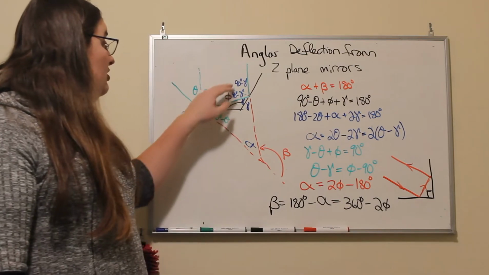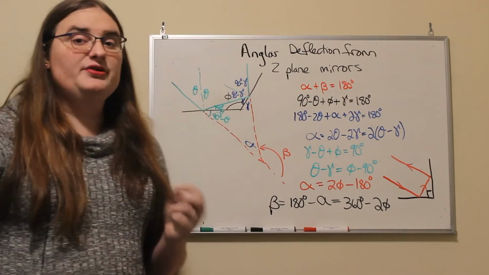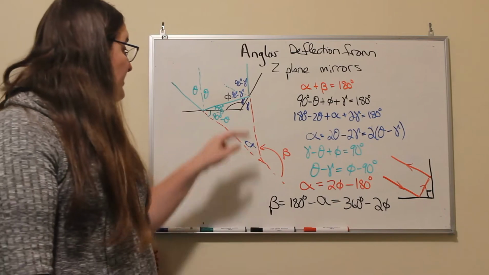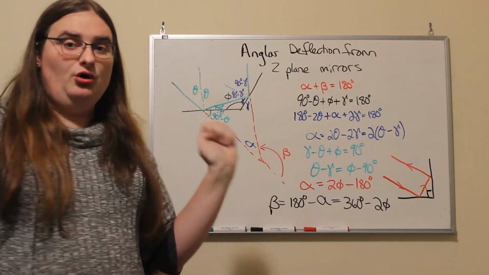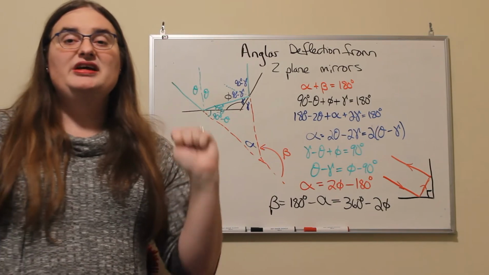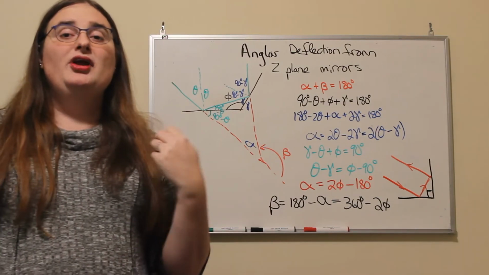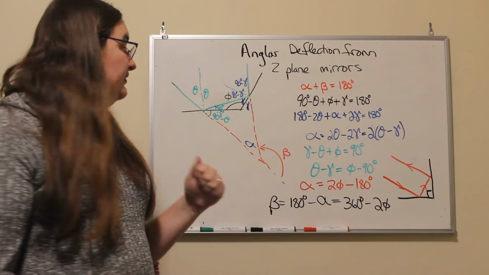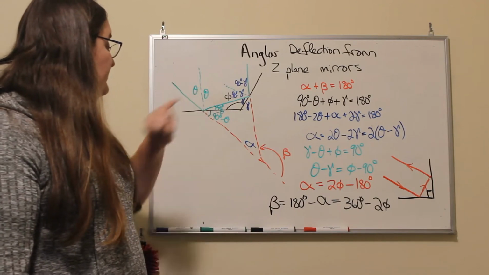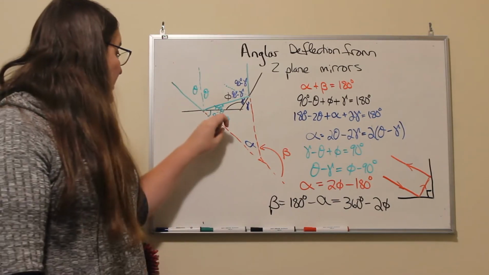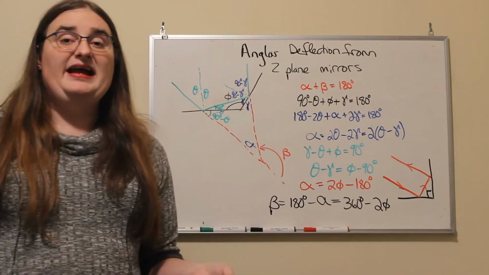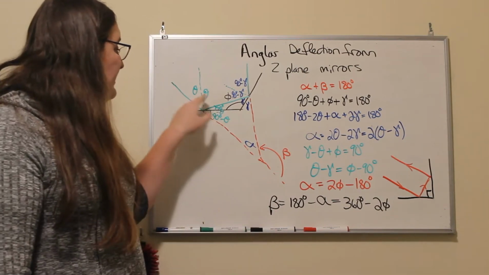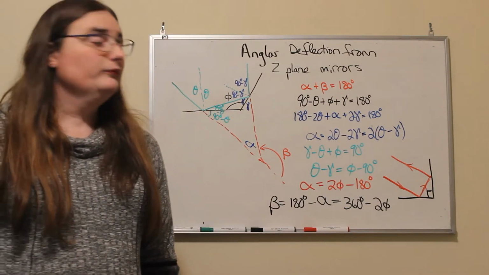Now, I called this angle 90 degrees minus gamma because on this ray and on that ray I have a total of 4 angles that I'm adding together in order to get that 180 degree line. Here I have theta, and then I have 2 more uniformly spaced angles that would each be 90 degrees minus theta.